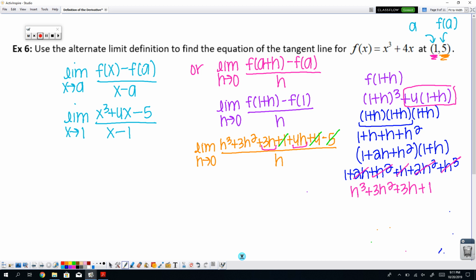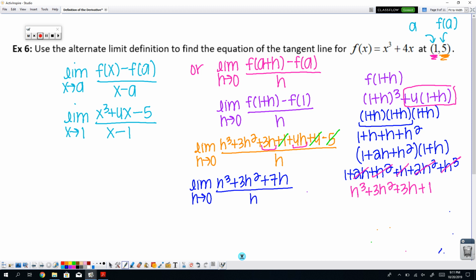Now I'm going to rewrite the limit as h approaches 0 of h cubed plus 3h squared plus 7h, all over h.